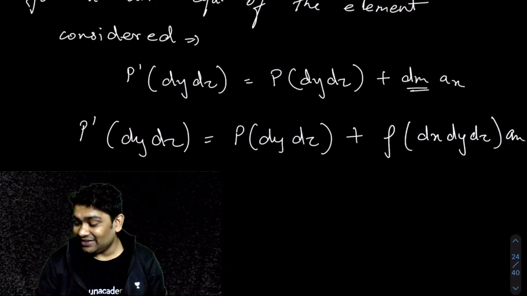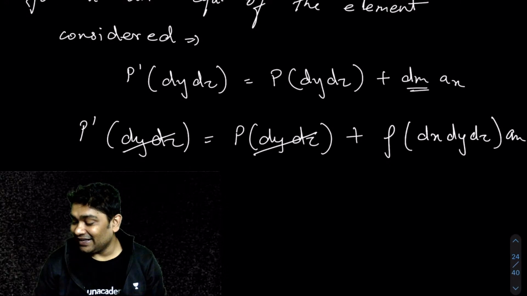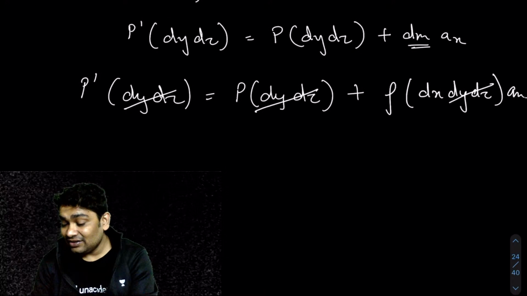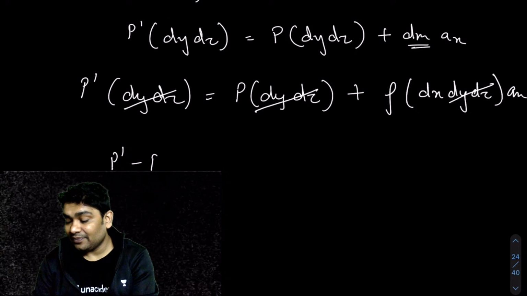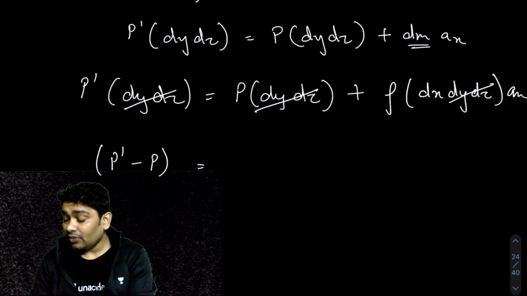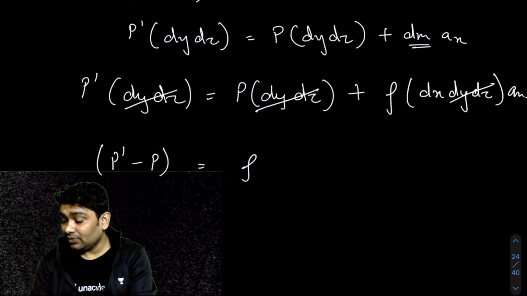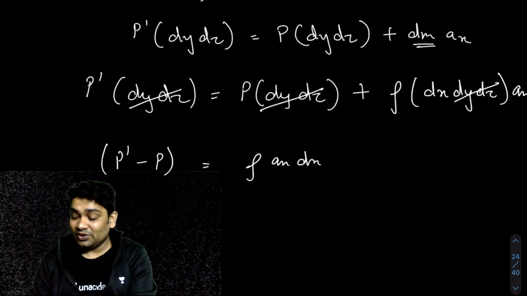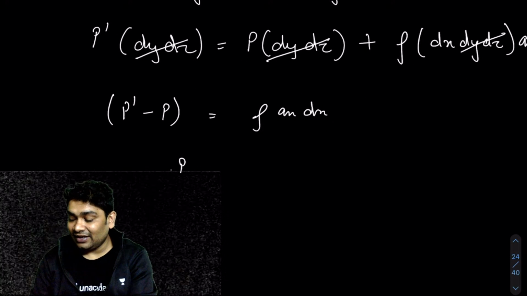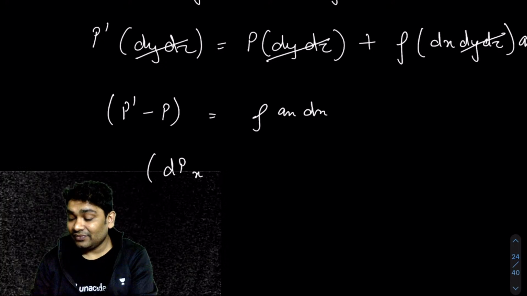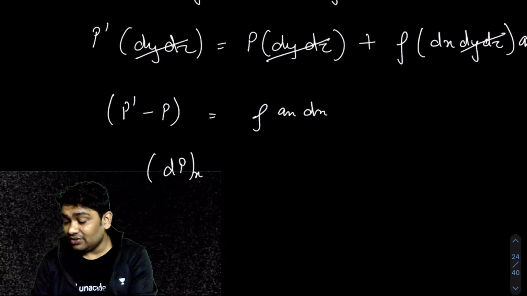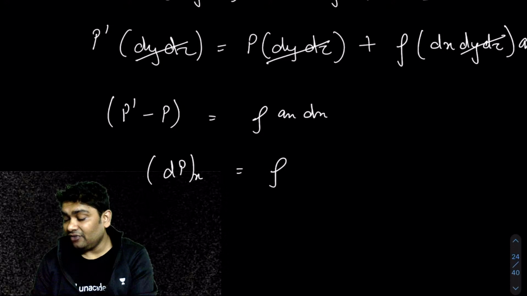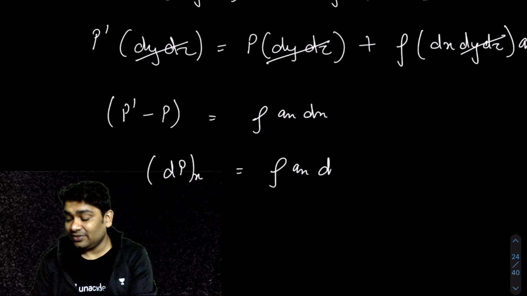So now you realize these and these will get cancelled, and what you have is p dash minus p equal to rho ax dx. You realize this is dpx. Change in pressure in the x direction is equal to rho ax times dx.